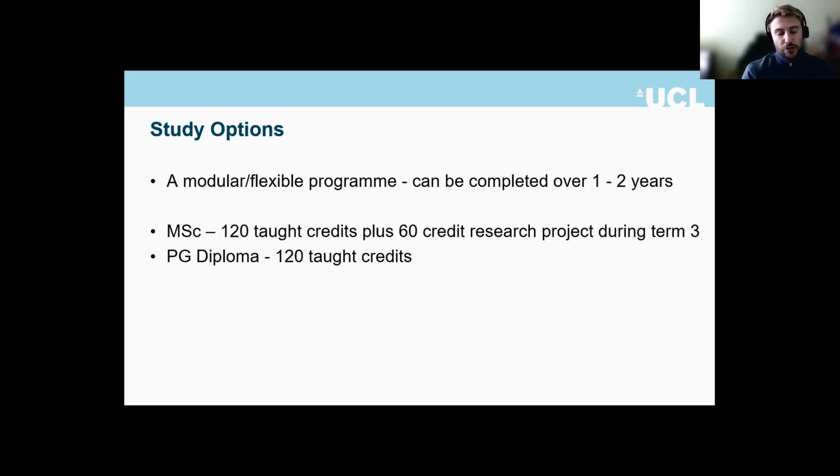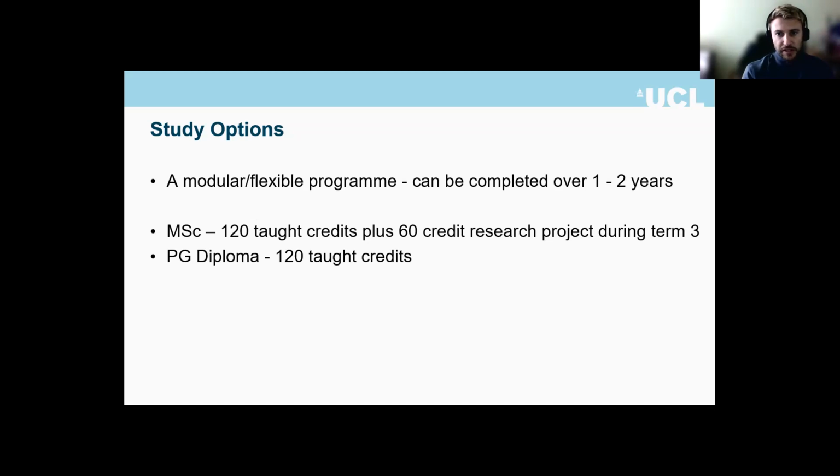As I said, the two outcomes available to you are either an MSc or a PG Dip. The only real difference is that both of them are 120 taught credits, which basically means you do all of the taught modules. But to get the MSc award, you will do a 60 credit, quite large independent research project during the third term. It's worth about 50% of all the taught material.